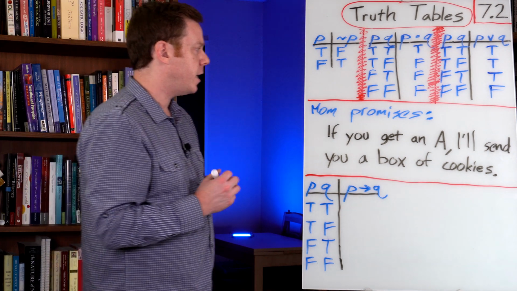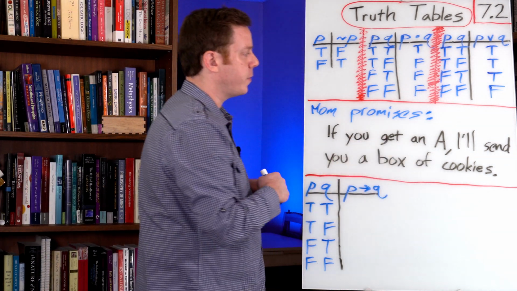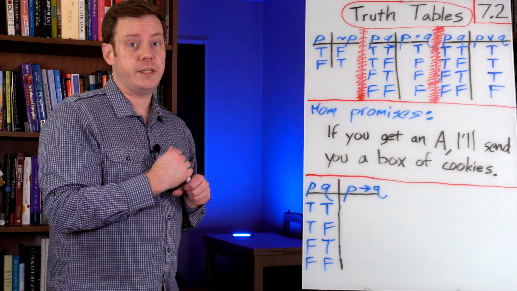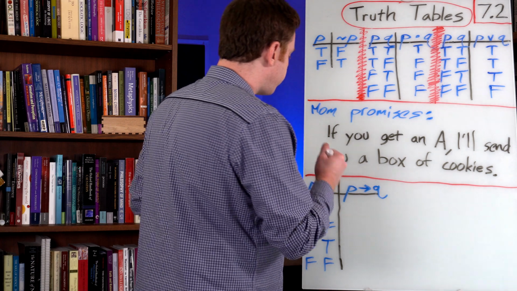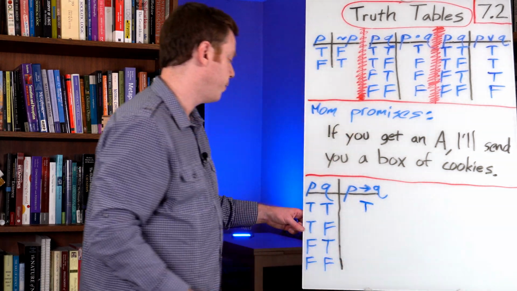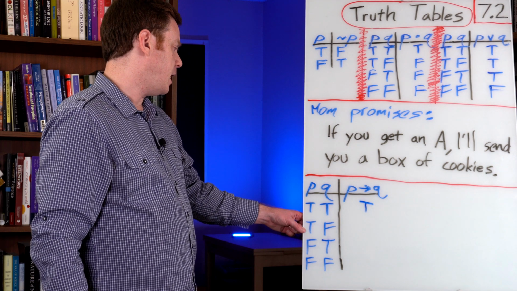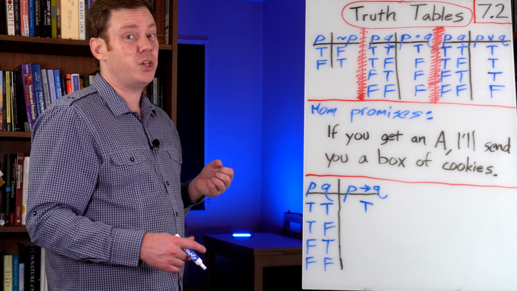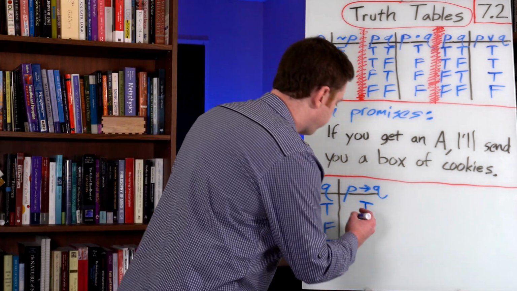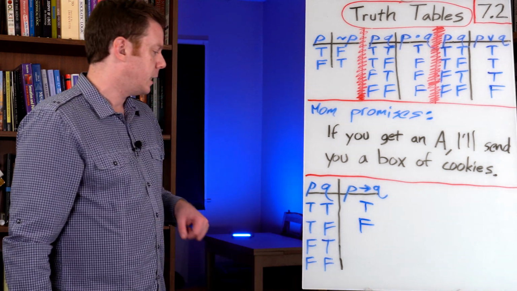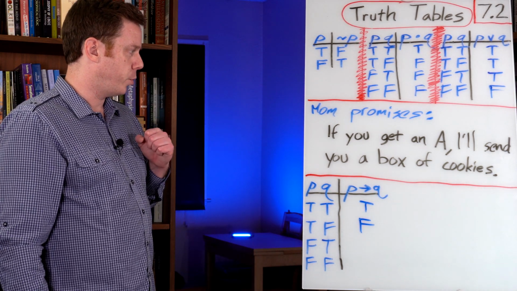Well, say you do get an A and mom does send you cookies. Well, then the whole conditional is going to be true. If, however, you get an A and then mom doesn't send you cookies, well, then that's going to be false. What about the other two?